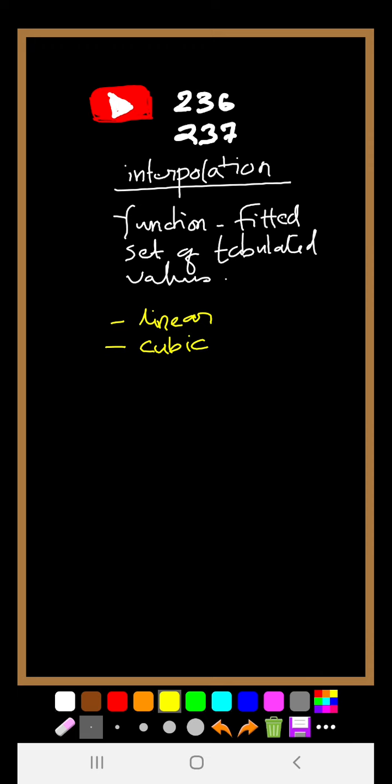While doing this exercise, we assumed that these tabulated values had no errors involved with them. However, if the tabulated values are obtained as a result of some experiments, there has to be some error.